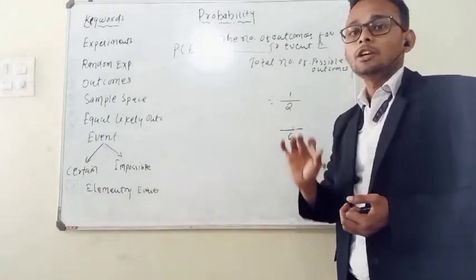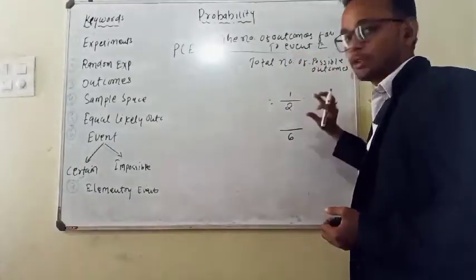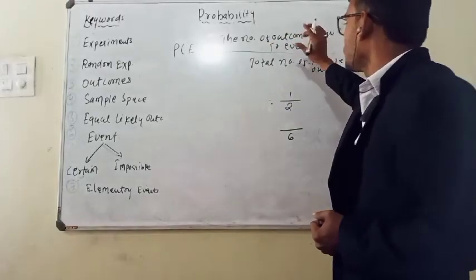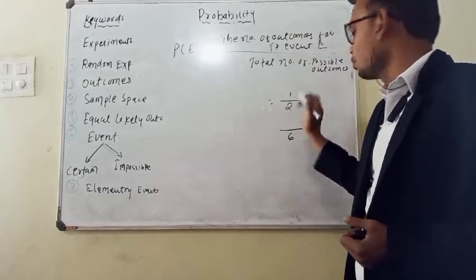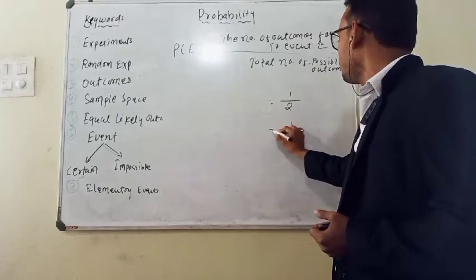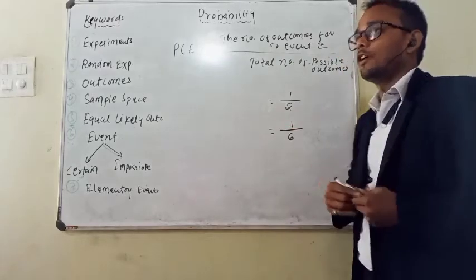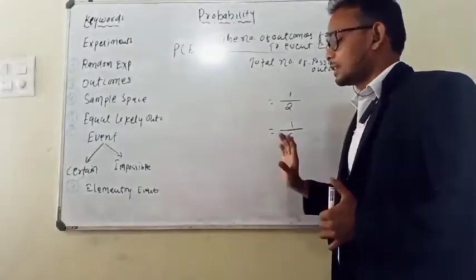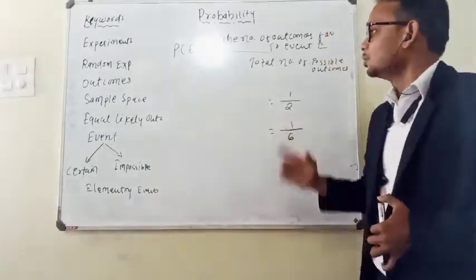What is the number of favorable outcomes for 3? Only one. So the probability of getting 3, if a dice is thrown, is 1 upon 6. This is how we do the question.